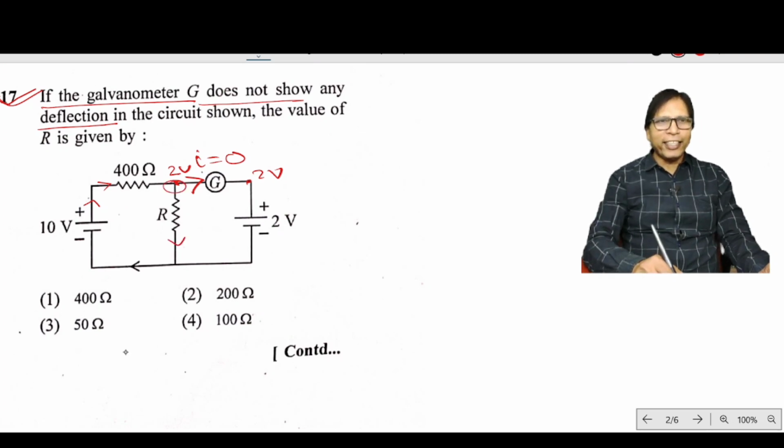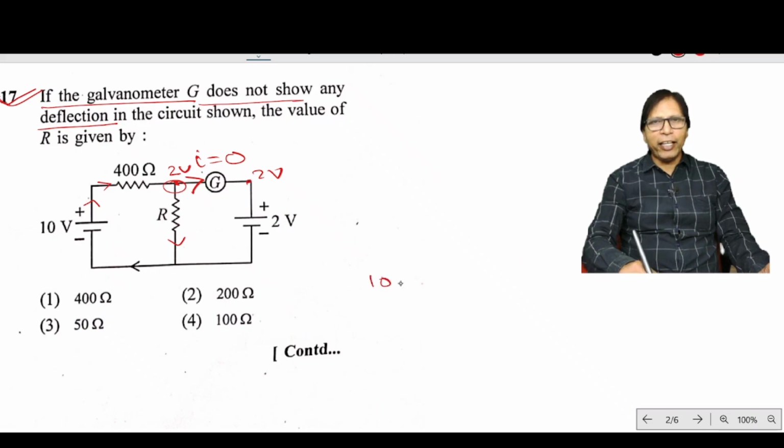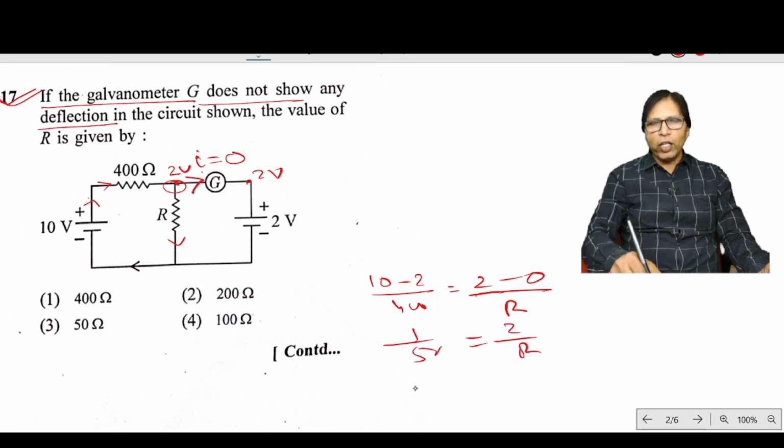This is (10 minus 2) divided by 400 equals (2 minus 0) by R. Now this is 8 by 400, so this is 1 by 50 equal to 2 by R. So R equals 100. Option 4 is correct.